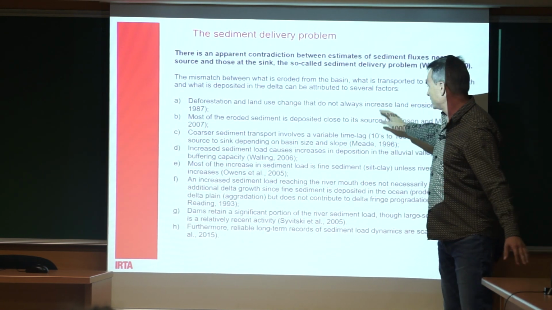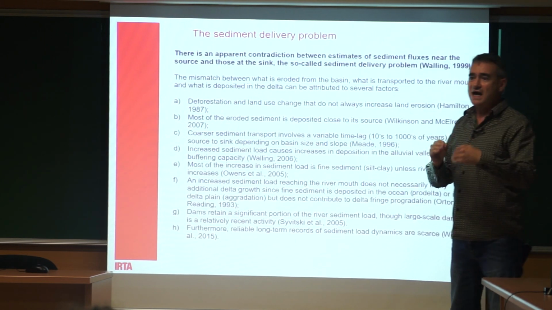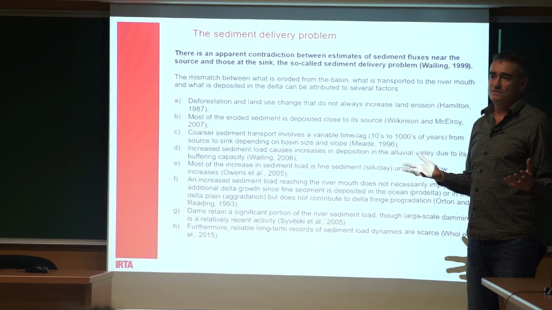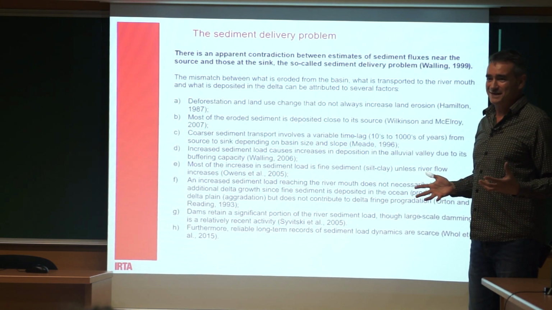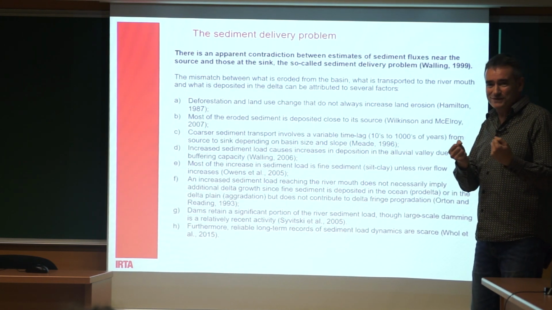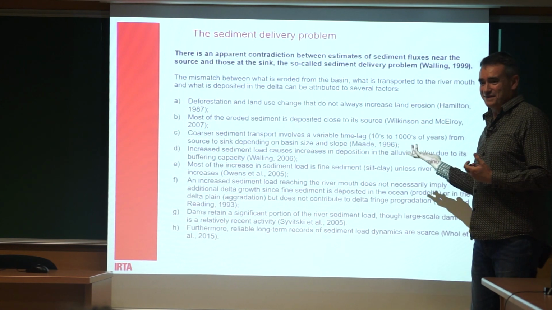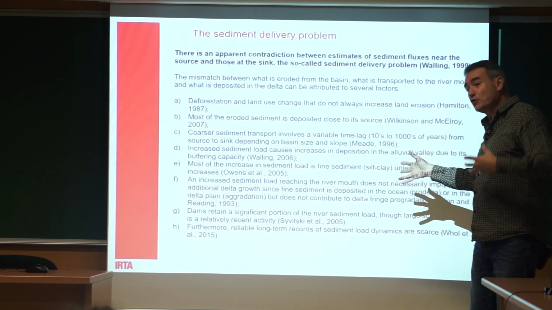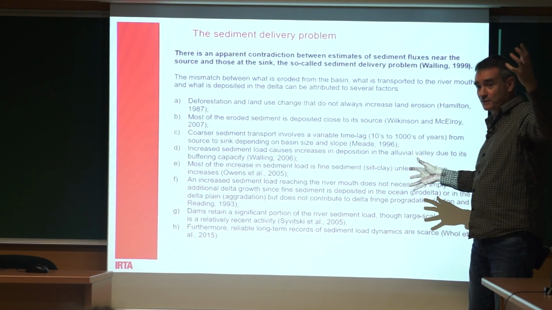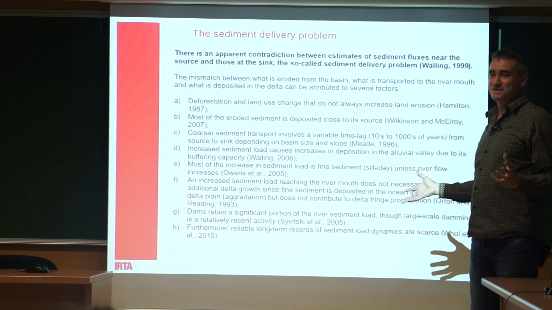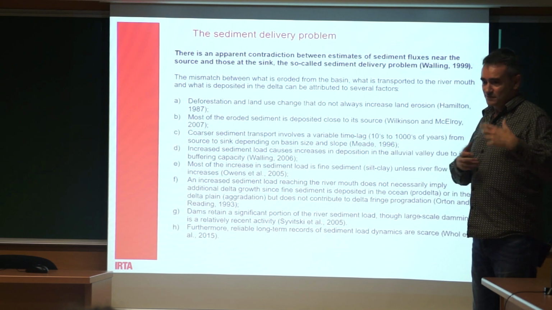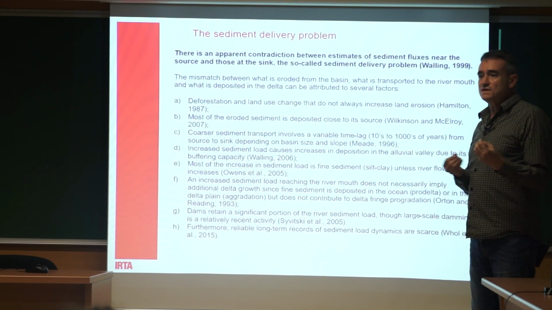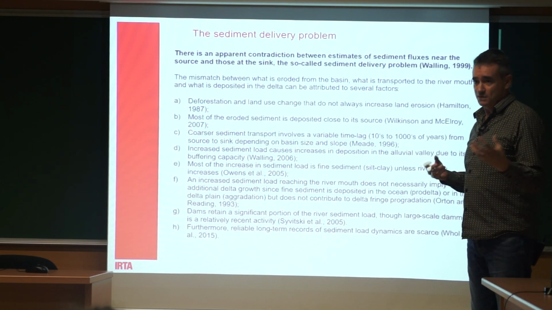So if you sum up the errors, it's impossible to have a good measurement of what's going on at the river mouth compared to what's being eroded in every part of the basin. You can make models, you can get some field data, but in the end it's almost impossible to be sure about the numbers, right?